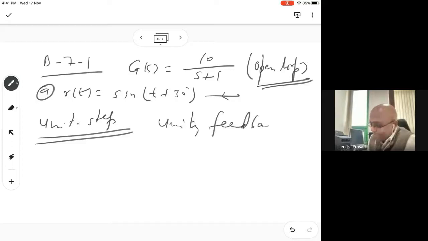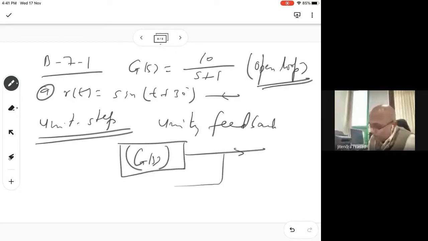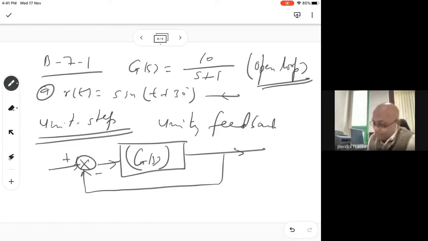That really means that this is just the open loop transfer function. You have to do the calculations for the closed loop system. So for this system, you have to predict given r(t).